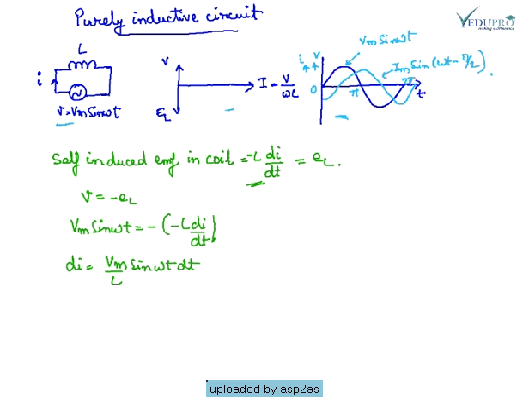Integrating both the sides, we get I is equal to Vm upon L integral of sin omega t dt, which is equal to Vm upon omega L minus cos omega t plus a constant, where A is a constant of integration, which is found to be 0 from initial conditions.